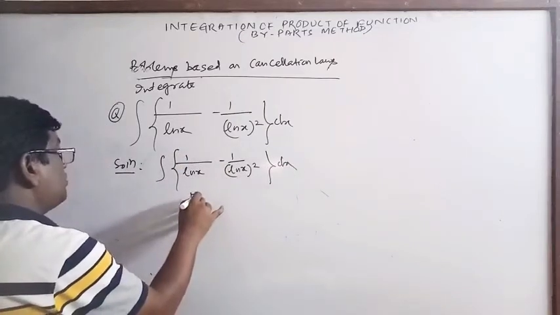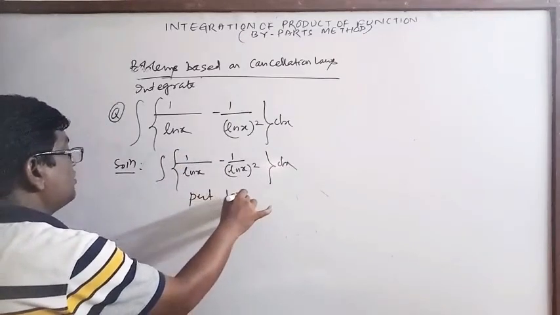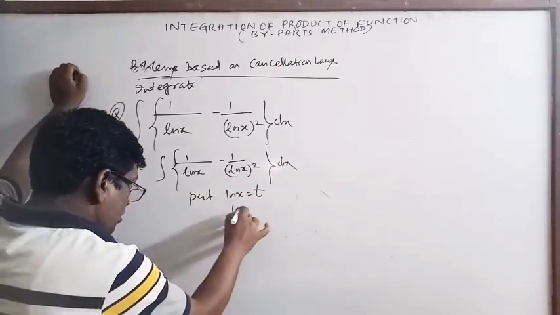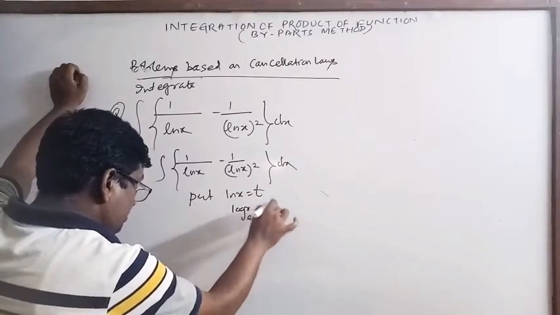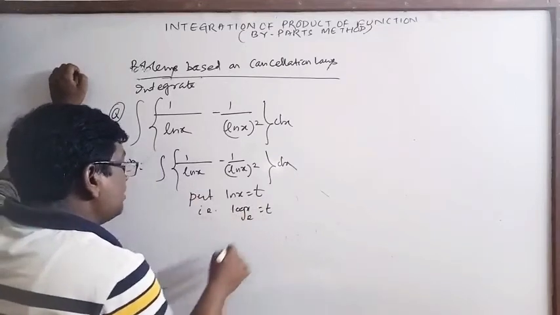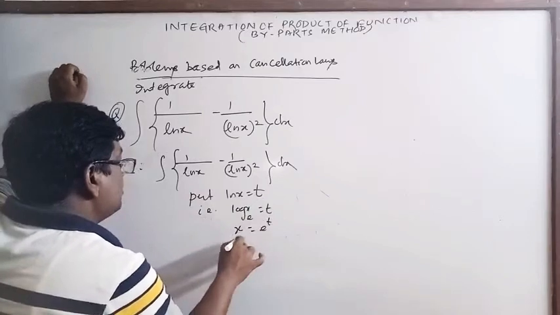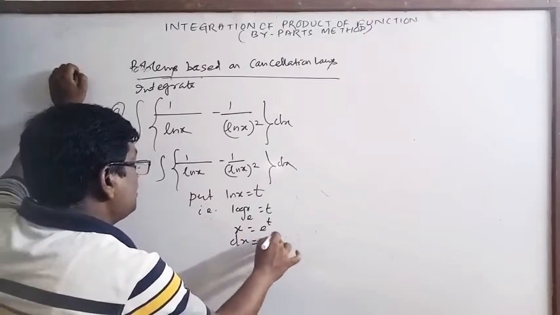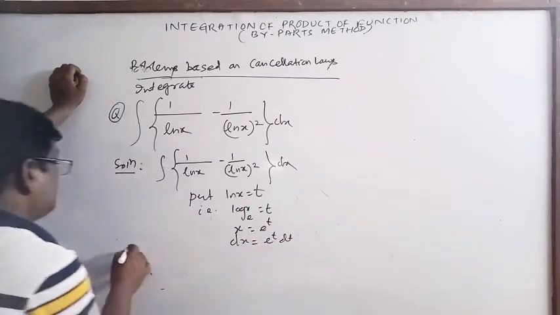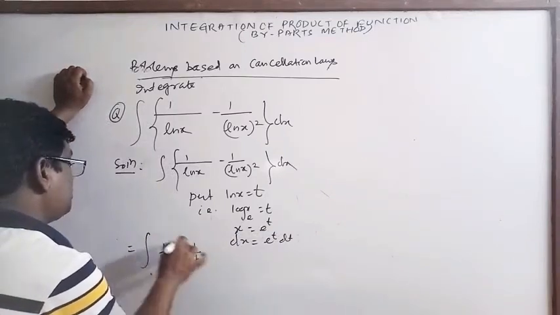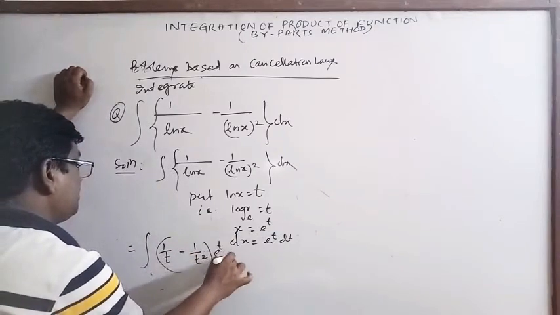Put ln x equal to t, where ln x means log x with base e. So x is equal to e to the t, and dx is equal to e to the t into dt. So this is equal to 1 by t minus 1 by t square, e to the t dt.